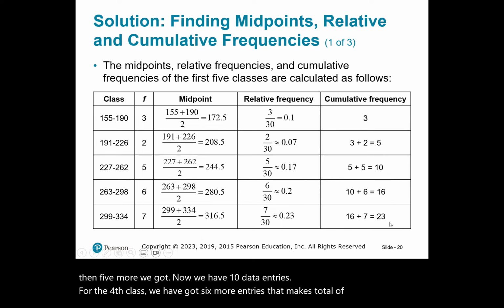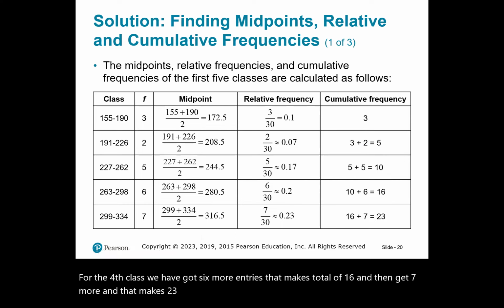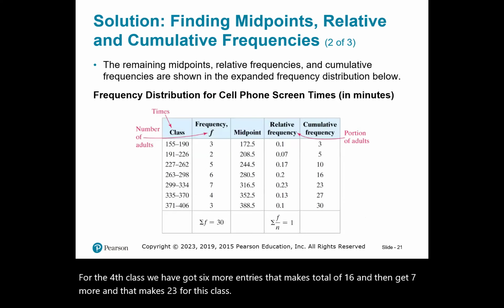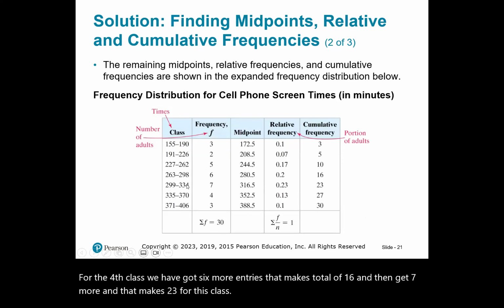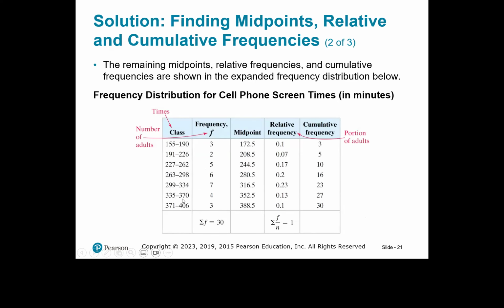And then 7 more, and that makes 23 for this class. This last class has 2 more entries, so when you finish all the calculations for cumulative frequencies, the last line is going to show you your sample size.